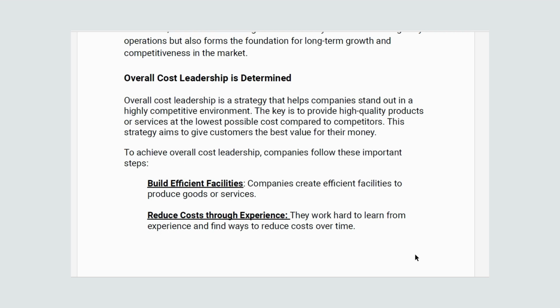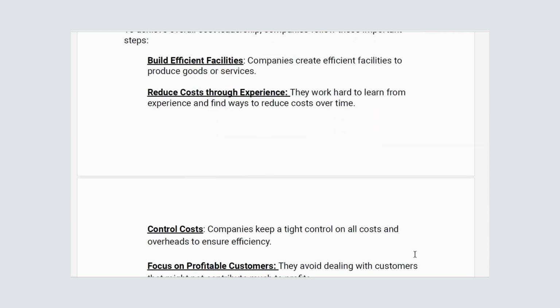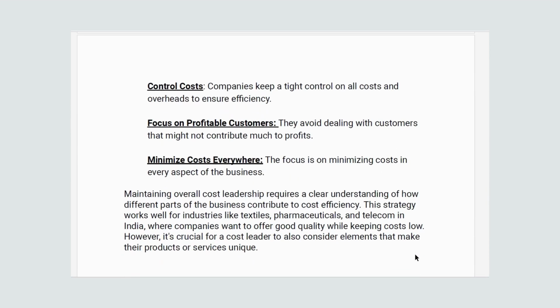They can also reduce cost through experience. Okay, when they work hard, they can learn from the previous experience and find out where they can reduce the cost over time. Okay, and the next one is control cost. Companies can keep a tight control on all cost and overhead to ensure efficiency for the running of an organization. Okay, and then focus on profitable customers.